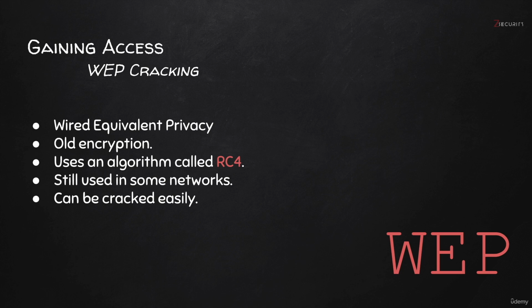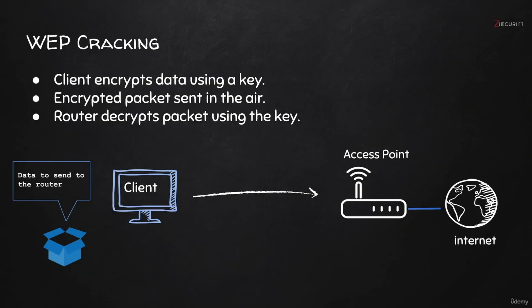So basically, WEP uses an algorithm called RC4 to encrypt its data. The way this works is, if a client wants to send something to the router, and let's say it wants to send this text data to send to the router, it'll first encrypt this using a key.